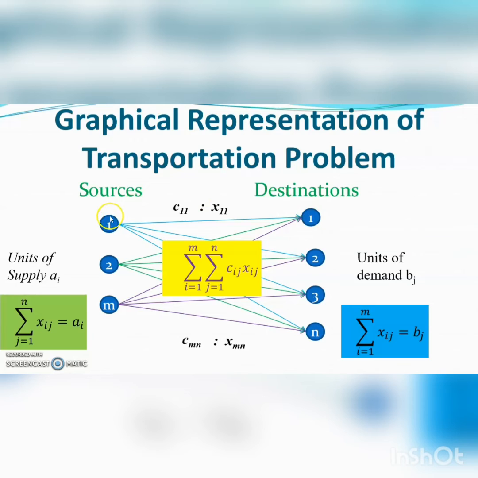is given. Also, the capacity of each source and the demand of each destination are known, and we have to find the amounts to be shifted from the sources to the destinations for which the total cost, that is summation over j and summation over i of Cij xij, is minimum.